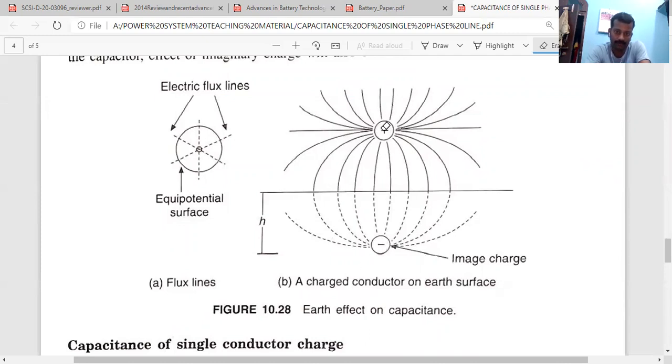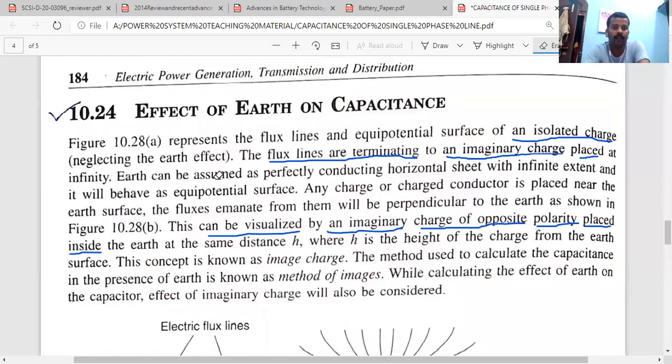If it's positive, then its opposite will be negative, and this negative opposite charge is considered as known as the image charge. All right. The flux lines are terminating on an imaginary charge placed at infinity. Right.